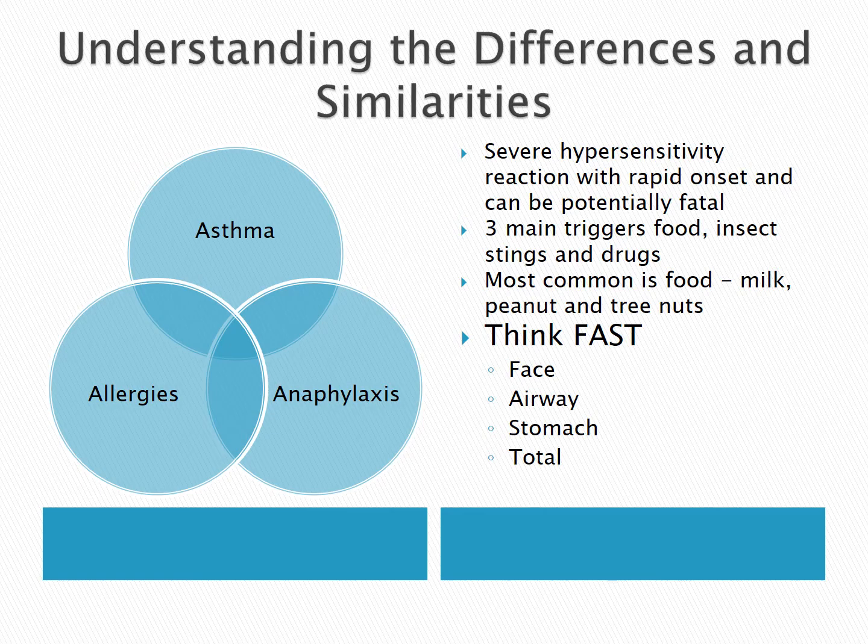Wheezing is probably one of the most prevalent early signs, upper airway obstruction, and sometimes nausea and vomiting can come along with an anaphylactic reaction. And then the total body reaction as far as things like hives, urticaria, the swelling, sometimes pallor or paleness. They can feel a sense of doom and certainly can even lose consciousness.